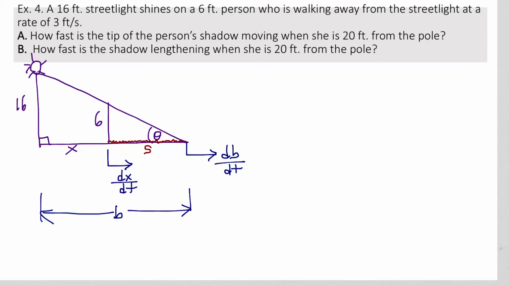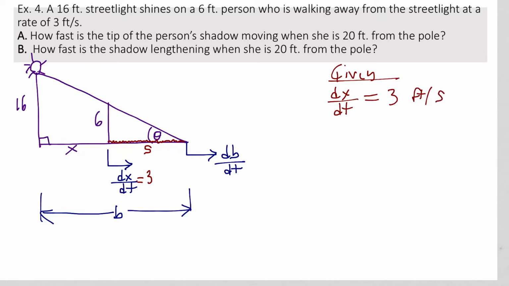The person is 6 foot, walking away from the street light at a rate of 3 feet per second. So this dx/dt is 3. So given information, dx/dt, the change in x with respect to time, the person's speed walking away from the street light, is 3 feet per second.